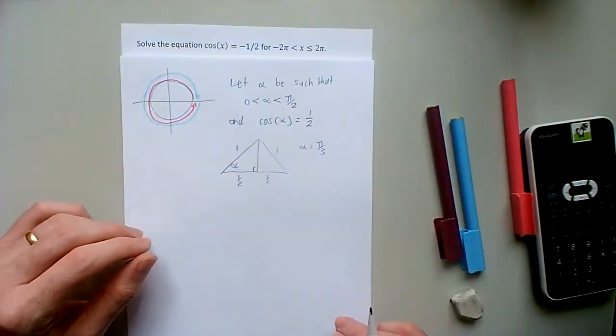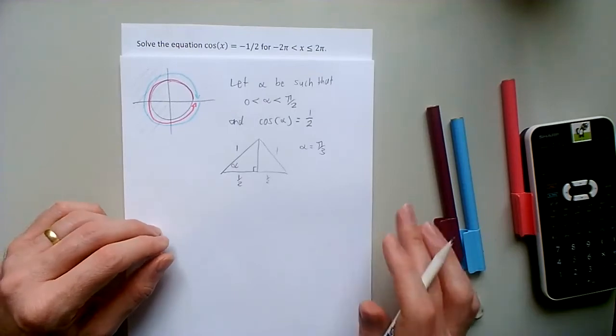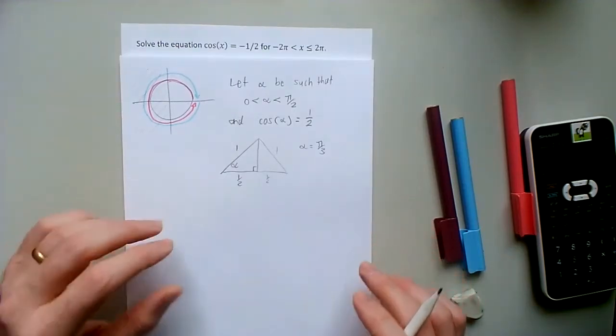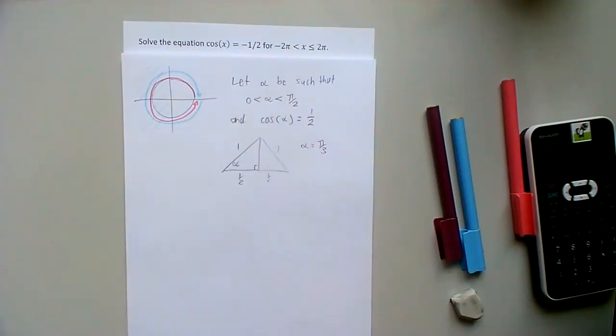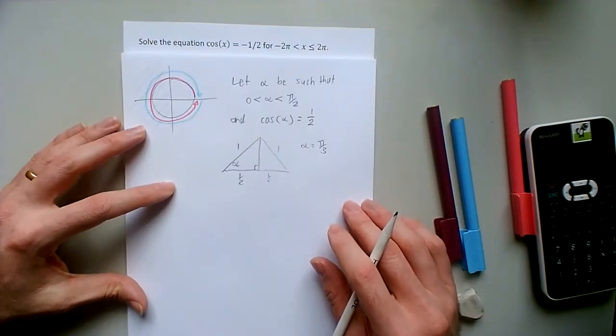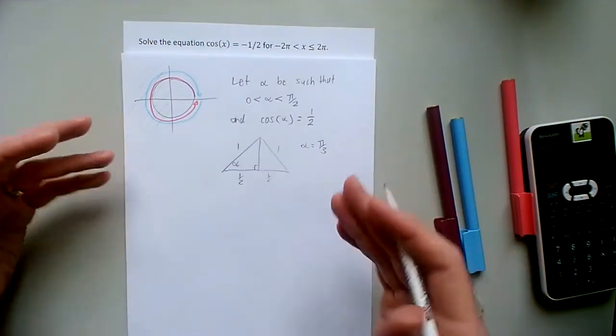Cool. All right, nice. And there's only one triangle for each angle in this first quadrant, so that's great. Okay, so that would mean that that's one answer.